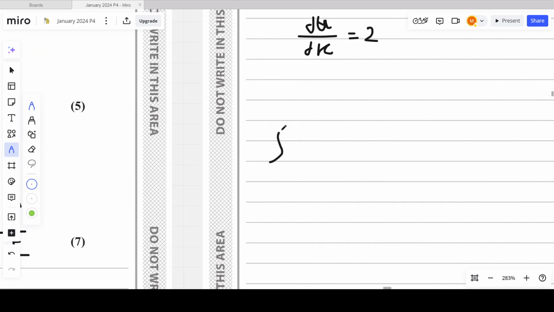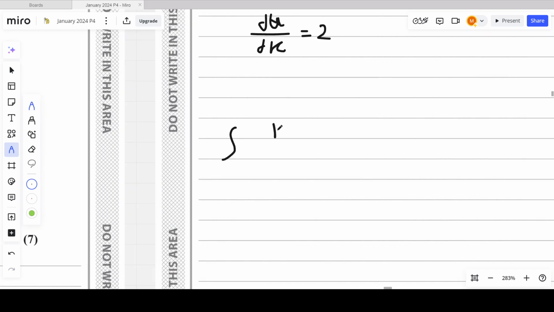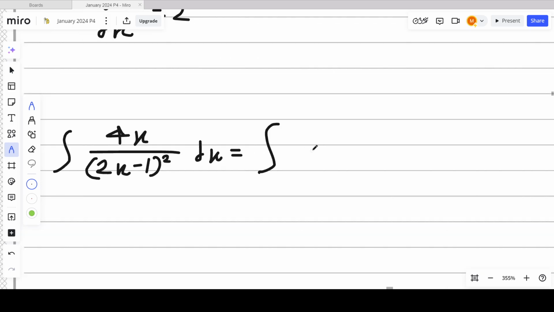So now what can we do? It is integration, at first ignore the limits for now, of 4x over 2x minus 1 whole squared dx. Now let's put the substitute there. In the denominator it is 2x minus 1, so you can write u squared, and 4x is there.